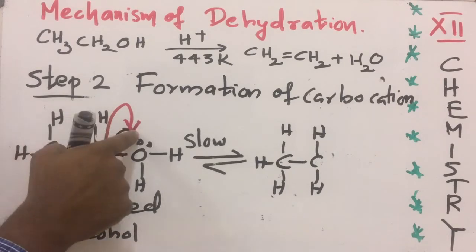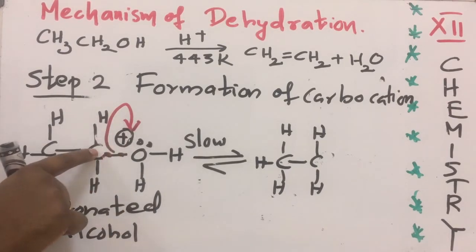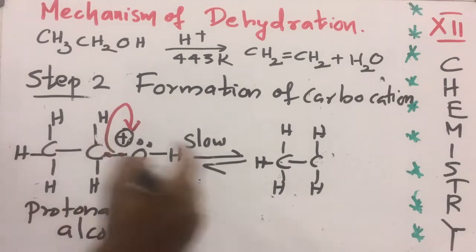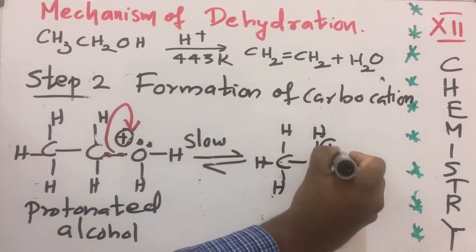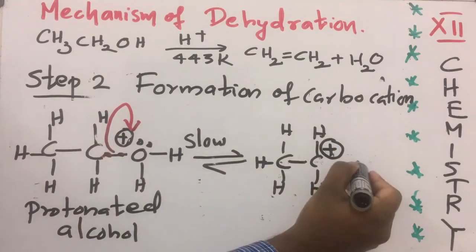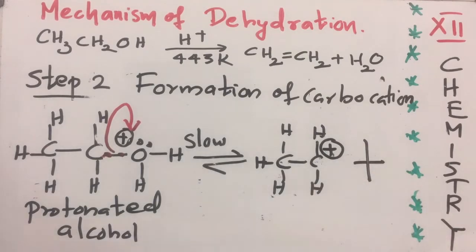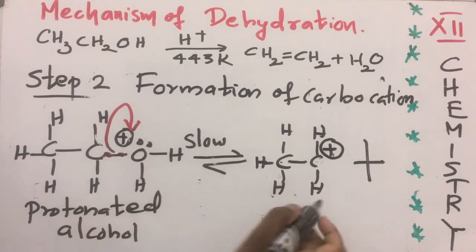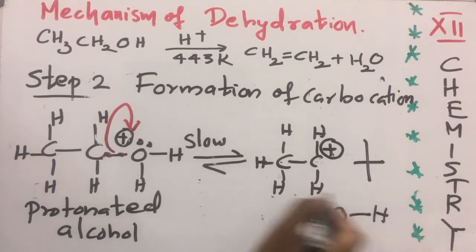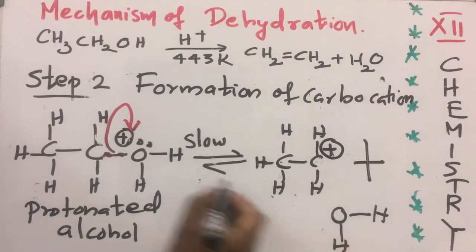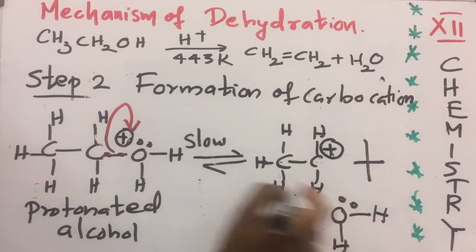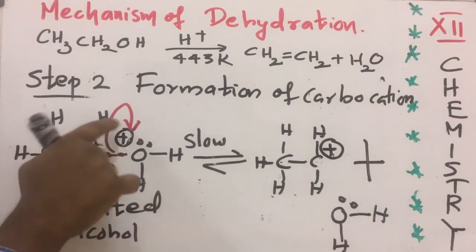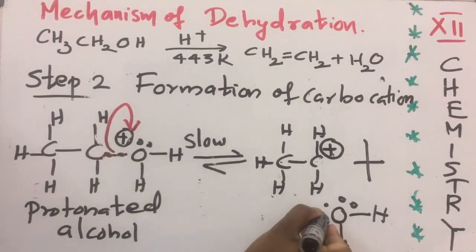Due to this shifting, carbon acquires a positive charge. After shifting, this molecule becomes water, OH2. Here there is already a lone pair, and these two electrons shift to oxygen, so one more lone pair. And what is this? Water.